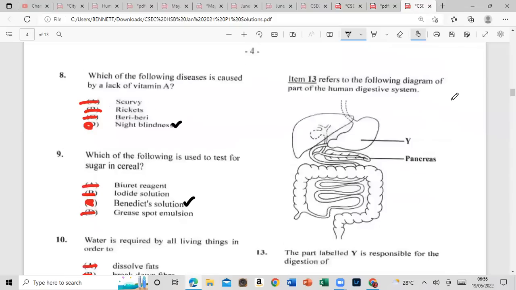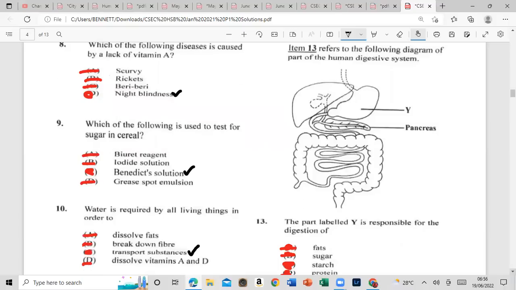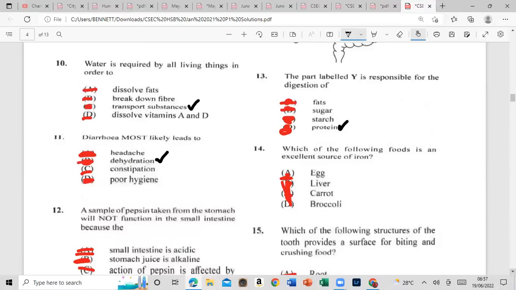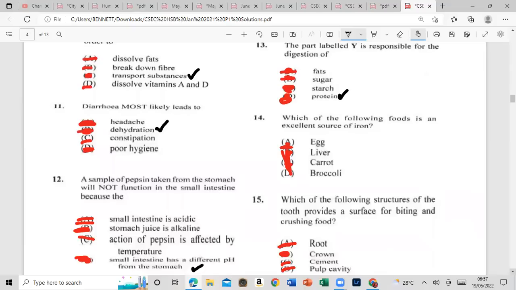All right, 13 refers to the following diagram. This one is a repeat. The part labeled W is responsible for the digestion of fat, sugar, starch, or protein? And that would be protein. Which of the following foods is an excellent source of iron?